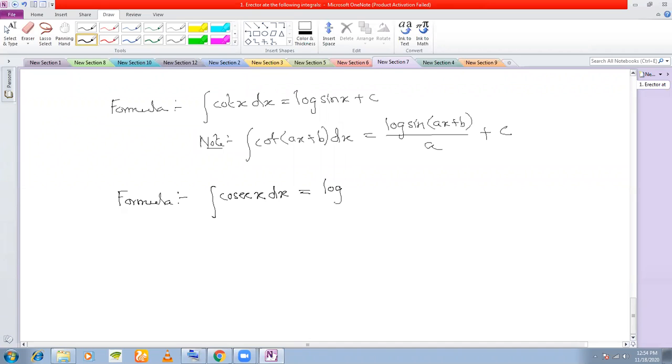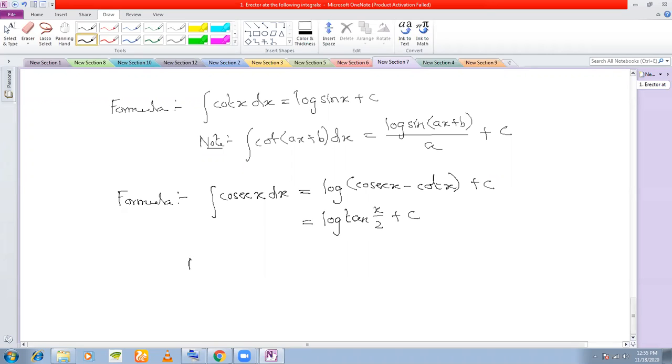First form is log(cosec x minus cot x) plus c, and it can also be shown that integral cosec x dx is also equal to log tan(x by 2). Okay, I'll show you both.